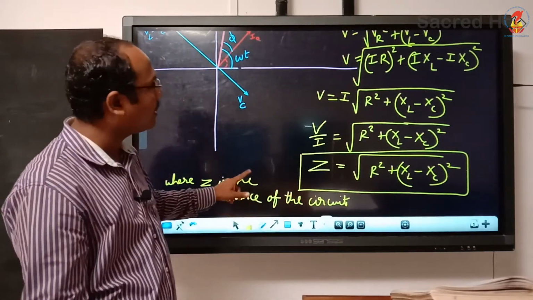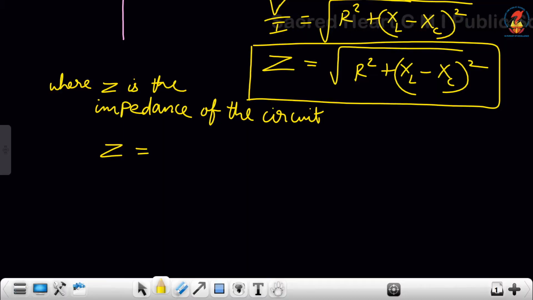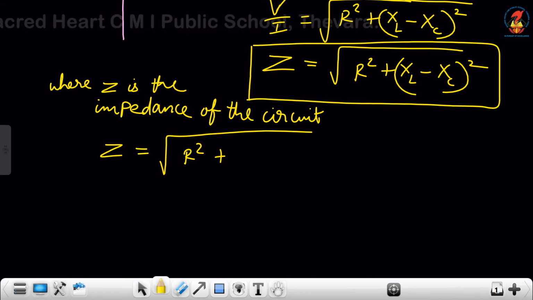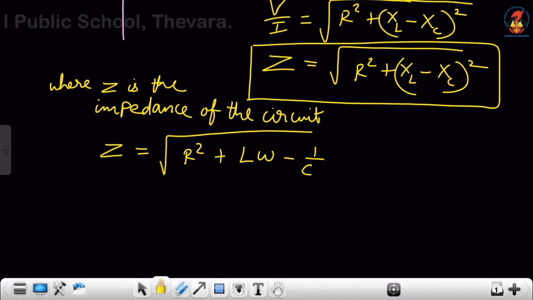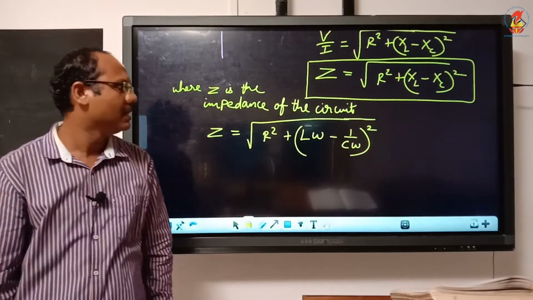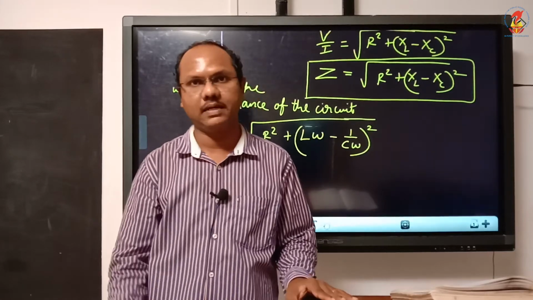And I can write one more thing. Z is equal to root of R square plus XL, which can be written as L omega. We wrote in the previous video, L omega, and XC can be written as 1 by C omega. So impedance can also have one more equation like this, root of R square plus (L omega minus 1 by C omega) whole square.